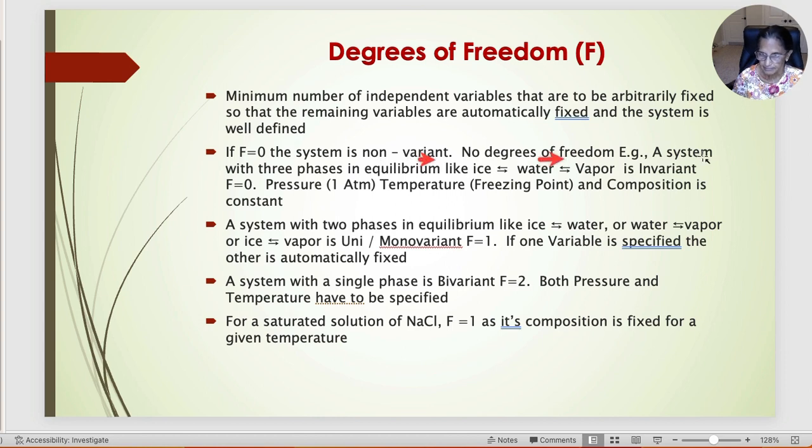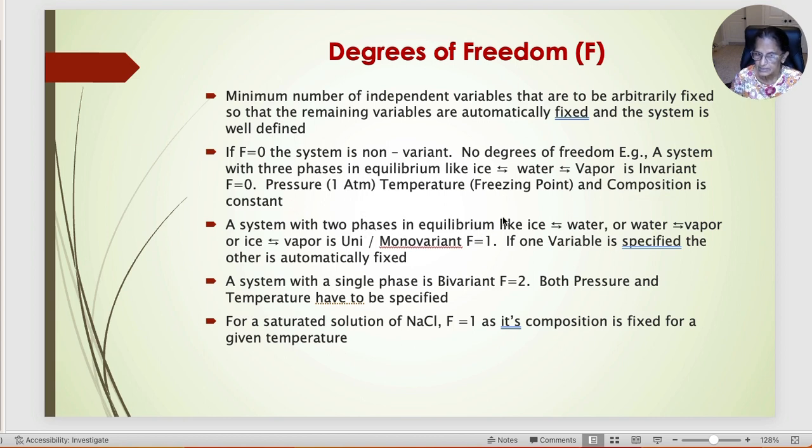No degrees of freedom. A system with three phases in equilibrium, like ice in equilibrium with water in equilibrium with vapor, is invariant because pressure is fixed, temperature is fixed, which is the freezing point of water, and composition, everything is fixed. There is no variable, therefore it is an invariant system.